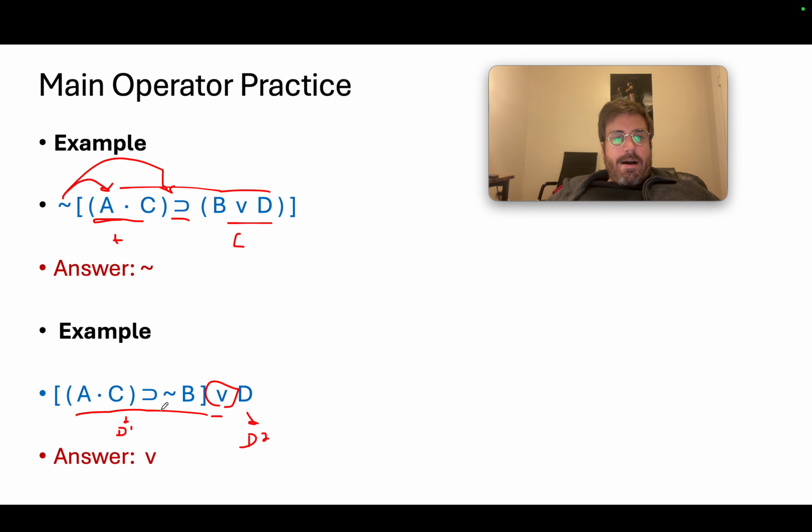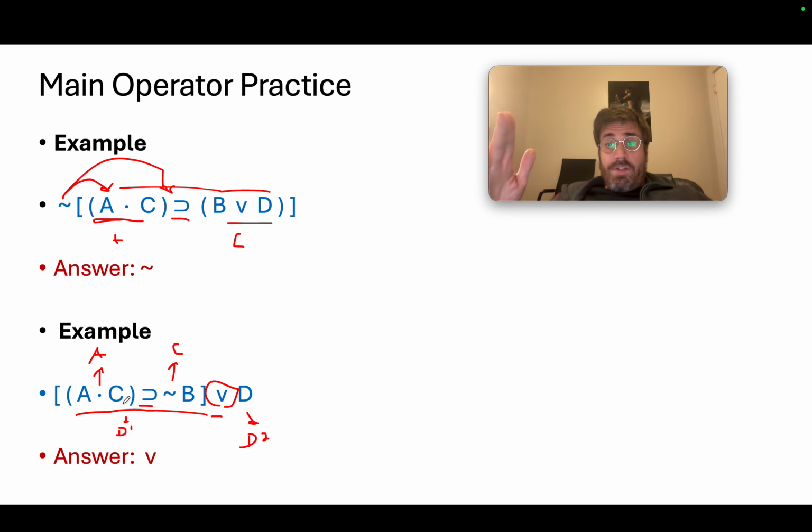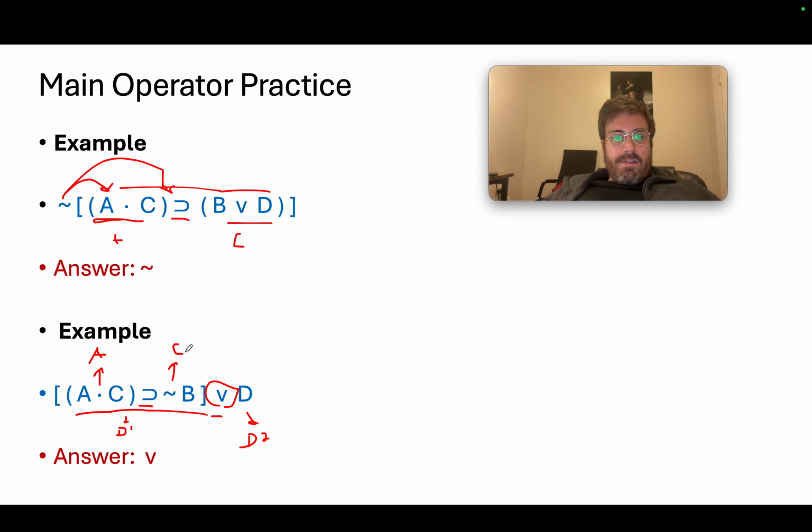I would take the horseshoe to be the most important operator within the parentheses because it is serving to differentiate the antecedent, both A and C, from the consequent, not B, right? And within the antecedent, we have the operator dot, conjunction, both A and C, and not B is the consequent of this conditional.